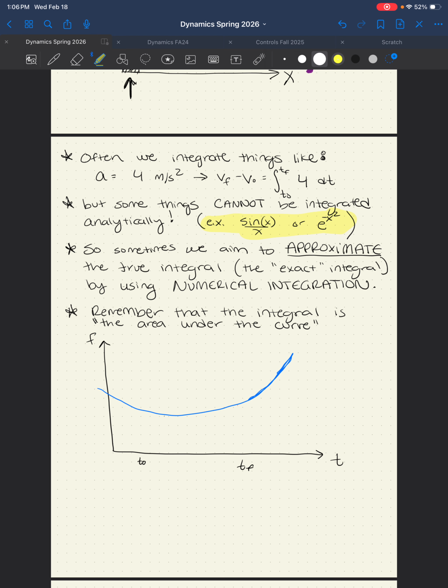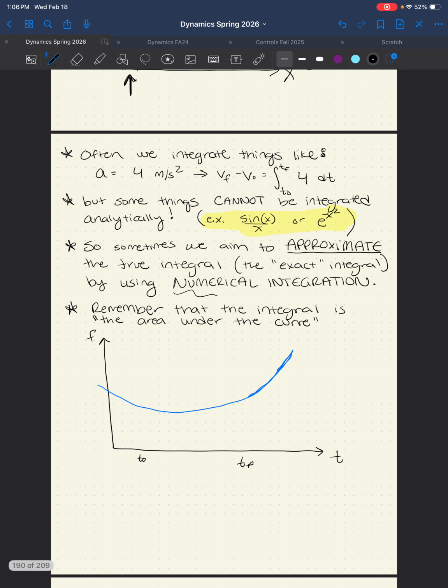So the important thing to note here is that numerical integration is and always will be an approximation, meaning that there will be some error between what you get from your numerical integration versus what you would have gotten if you were able to do an analytical integral. Okay, but there are some knobs that we can turn to make that error very, very small, and we'll talk about that today.